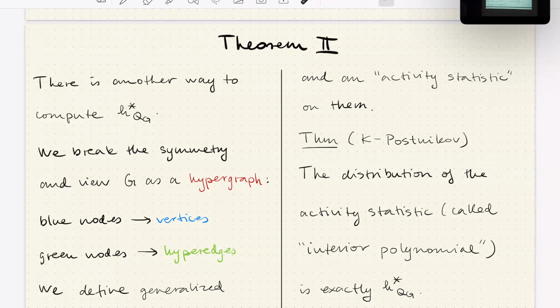The alternative way is going to break the symmetry, cardinal sin in mathematics, and instead of G, you view G as a hypergraph. So by breaking the symmetry, I mean that the blue vertices will be still called vertices. However, the green ones will be called hyperedges for the purposes of this one slide, and maybe the next one.